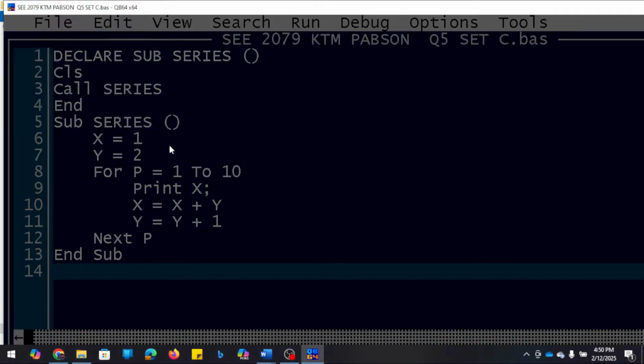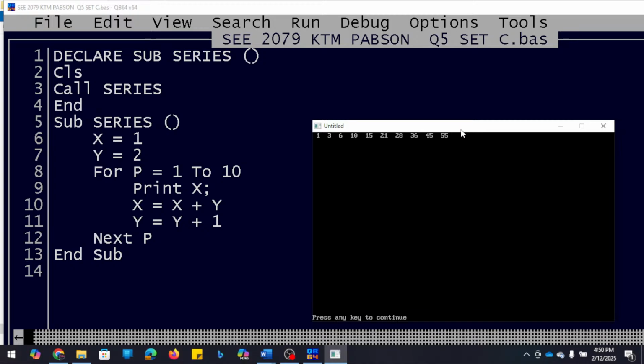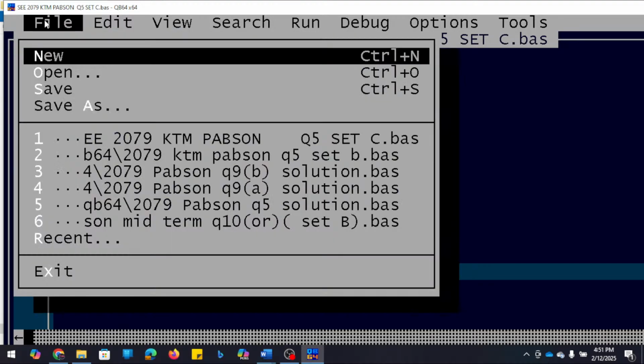Let's run it. So here is the output we can see on the screen, and it is the same output as we have got here. So it's a very simple program.